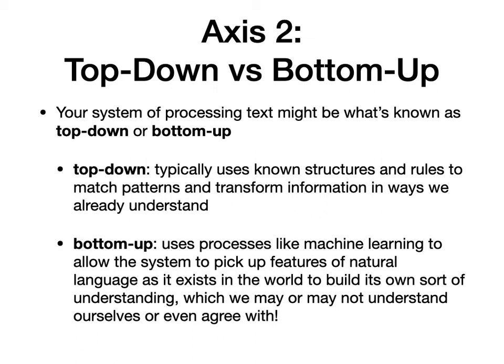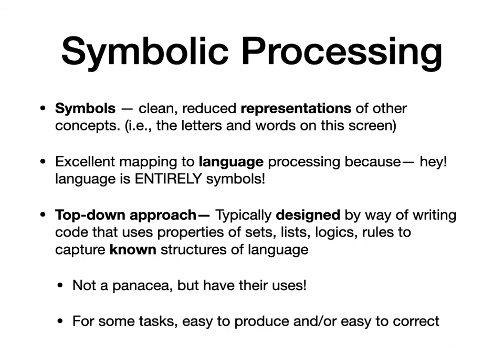So let's pull some examples down of these. For top-down, you have things like symbolic processing, right? Symbols are these clean, reduced representations of other concepts. So the letters and the words on this screen are an example of symbols. You understand them because you're able to tie them to some kind of meaning and use them, right? As you humans are so wont to do. But this is great.